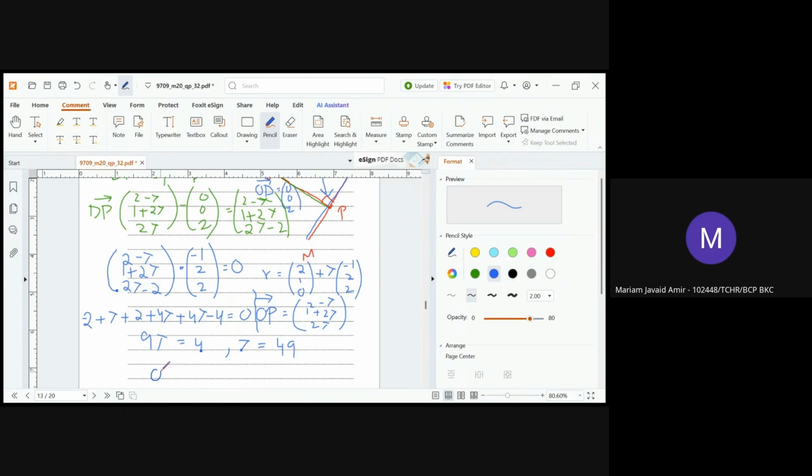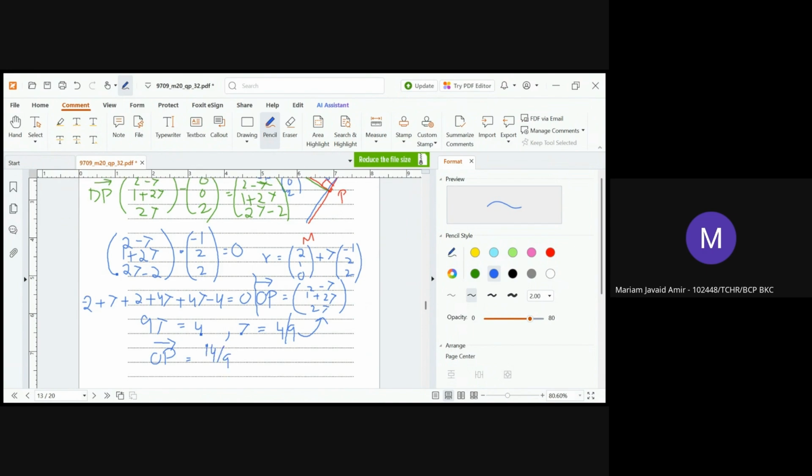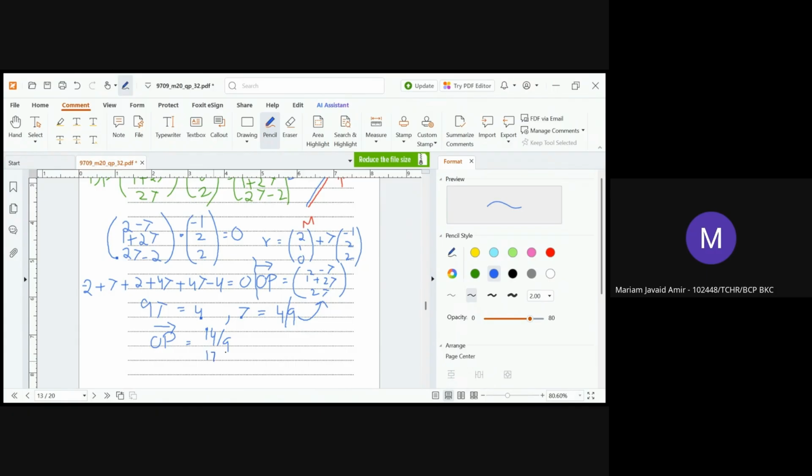Now we can find OP by substituting 4 over 9 in the position vector of OP in terms of lambda. So replace lambda with 4 over 9. So 2 minus lambda would be 14 by 9. 1 plus 2 lambda will be 17 by 9.